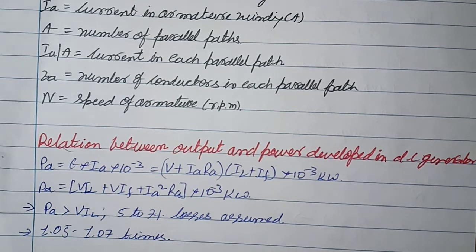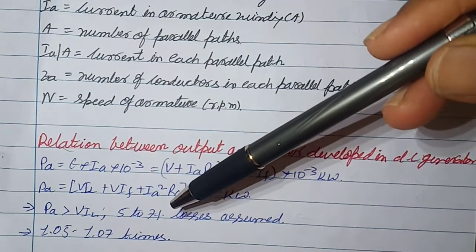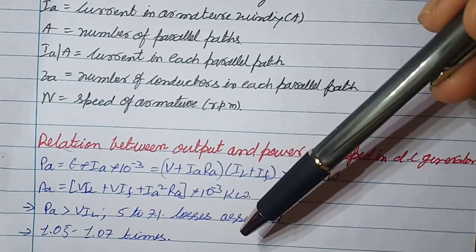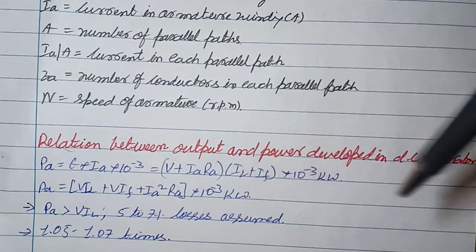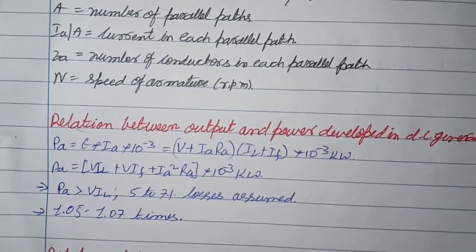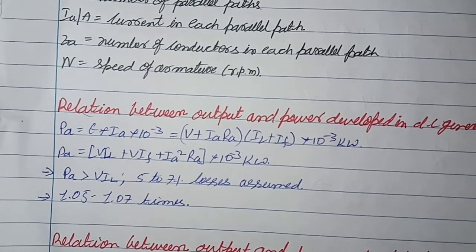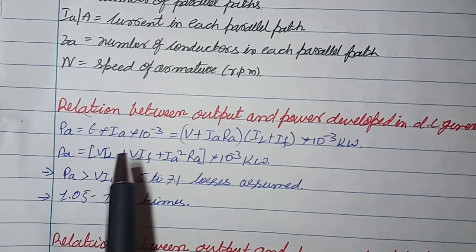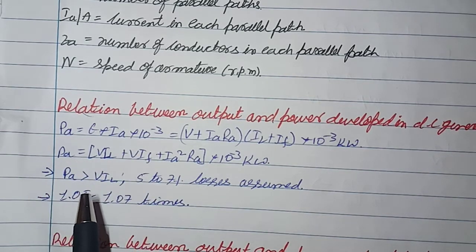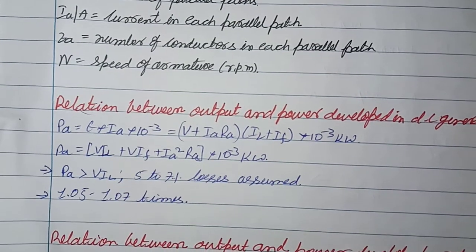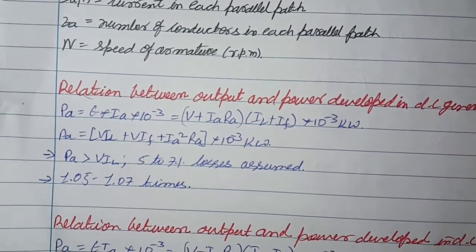These losses are assumed to be 5 to 7%, so PA has to be 1.05 to 1.07 times the output. We have said PA is greater than V into IL, and it is greater by 1.05 to 1.07 times.